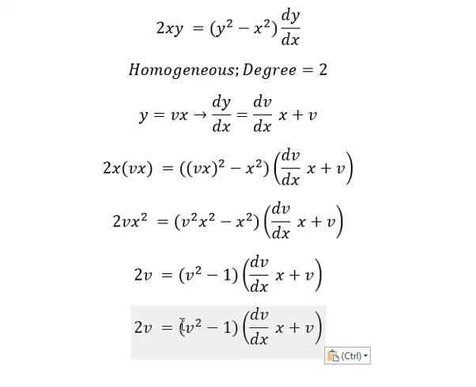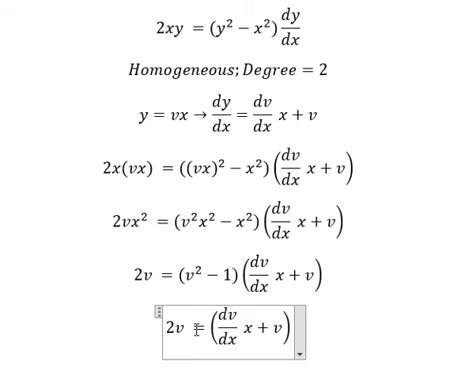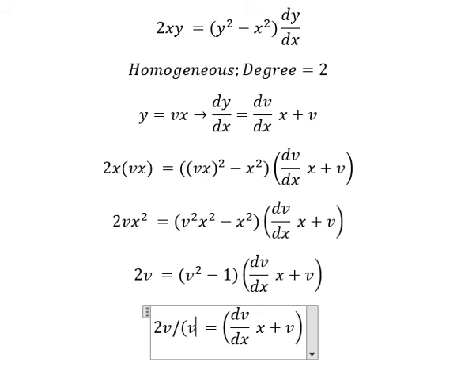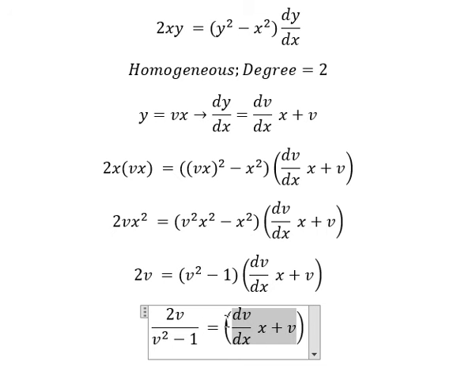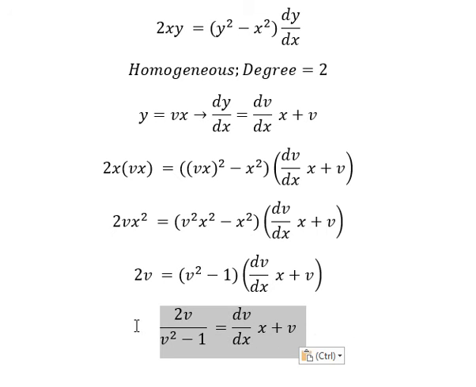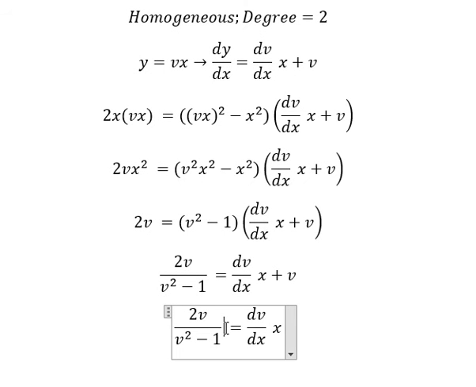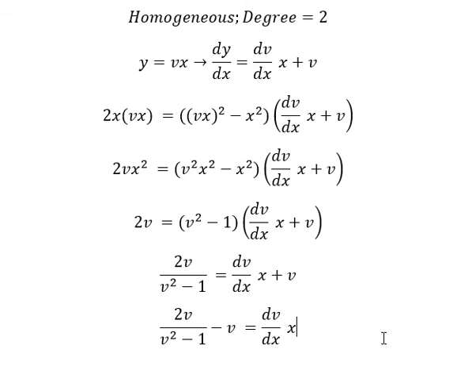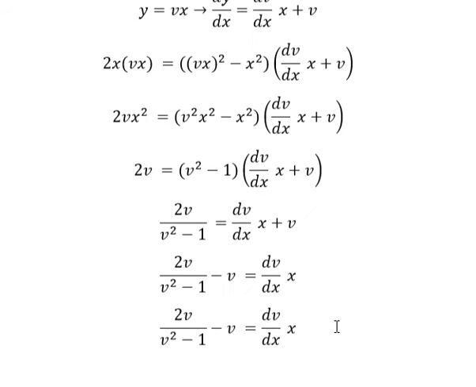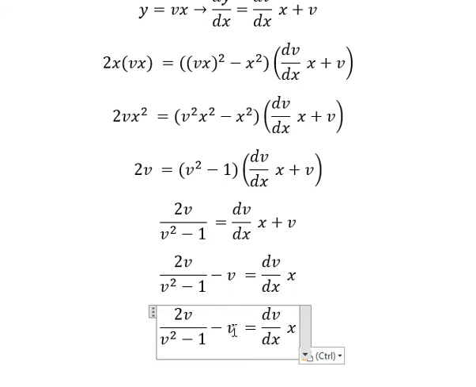Next, we divide both sides by v squared minus 1. Next, I will put v to the left. So we do a common denominator.